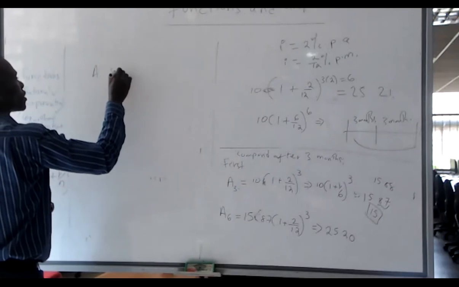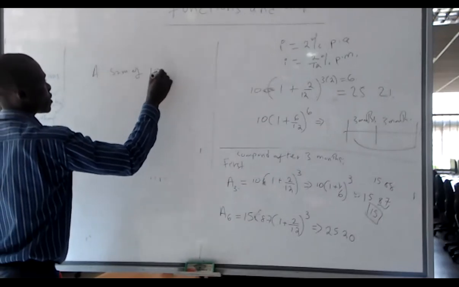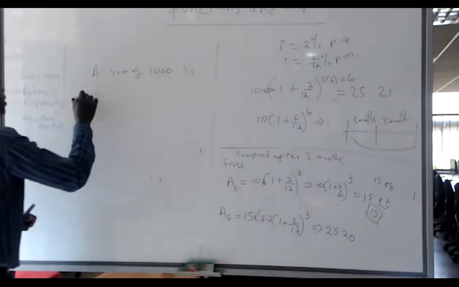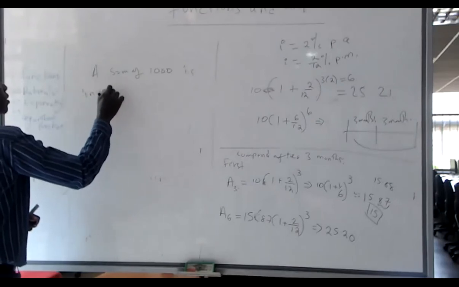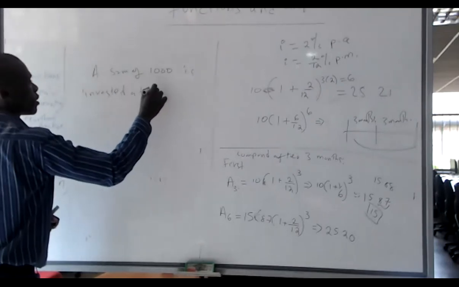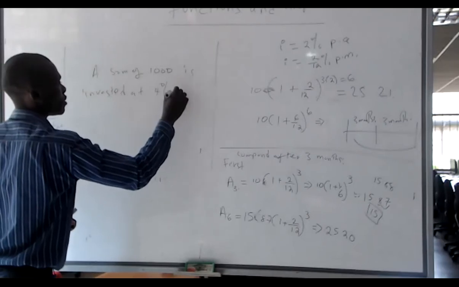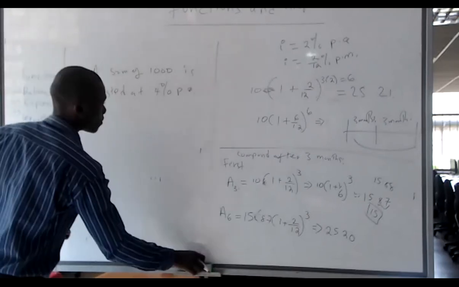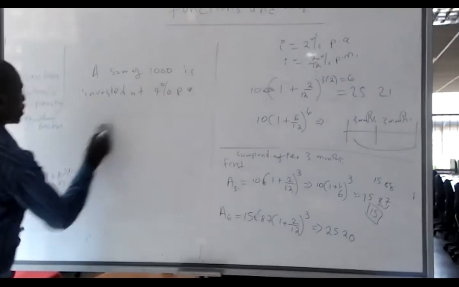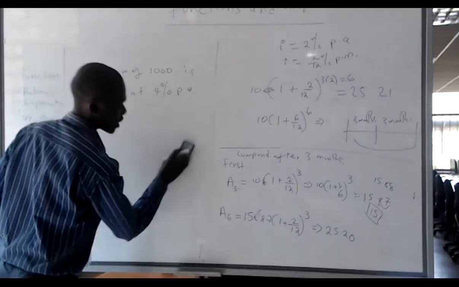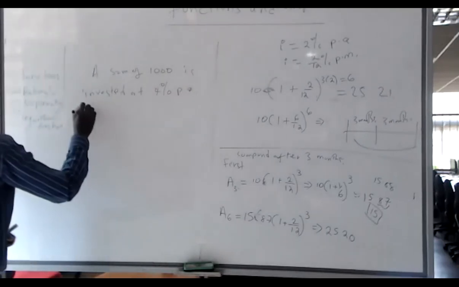A sum of 1,000 shillings is invested at 4% interest rate per annum.